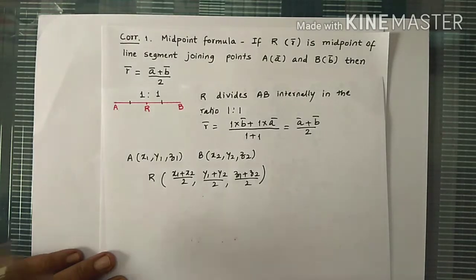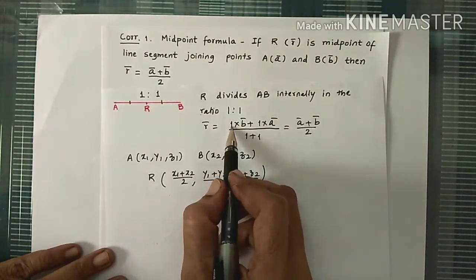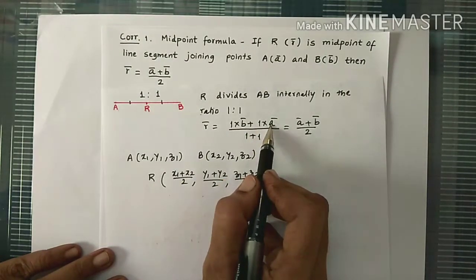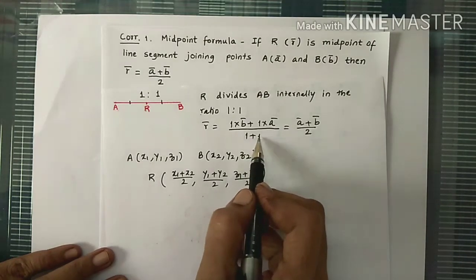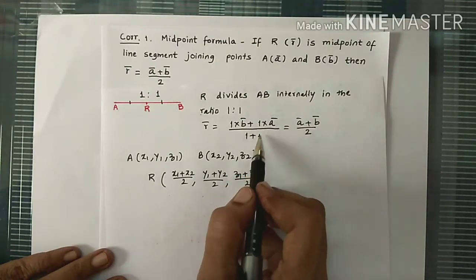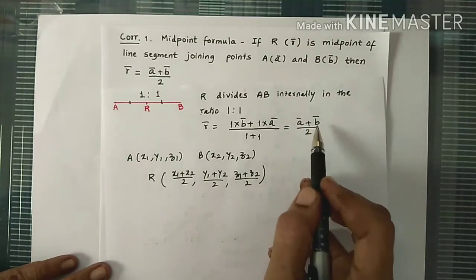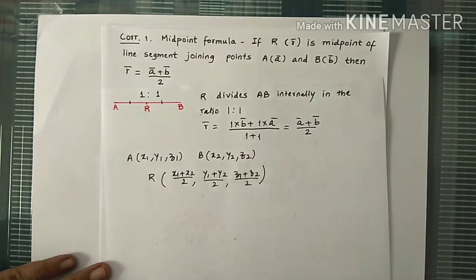So R bar is m B bar, m is 1, so 1 into B bar, plus n A bar, n is 1, so 1 A bar, divided by m plus n. Since both m and n are 1, it is 1 plus 1. So this becomes (B bar plus A bar) upon 2. But B bar plus A bar is same as A bar plus B bar. So we have R bar equal to (A bar plus B bar) upon 2.